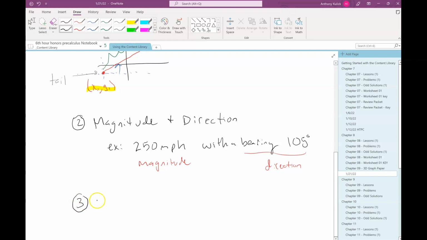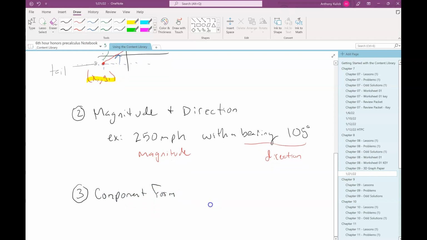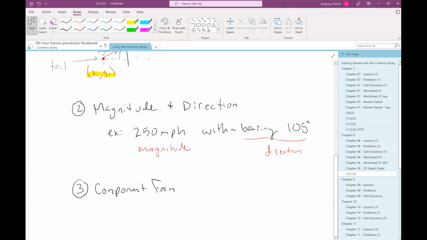And then the third way of representing a vector, we'll see a fourth later on, is in component form. When we say component form, we really mean the standard representation.